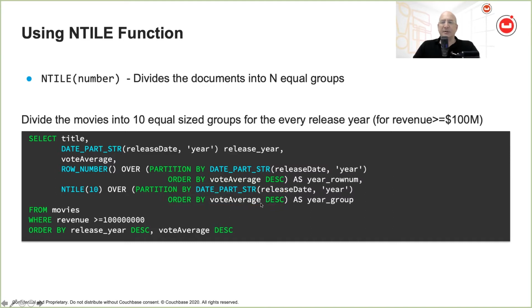In this example, NTILE divides the movie set in each release year into 10 equally sized groups and numbers each and every group by the vote in a descending order, because that's what's specified in the order by clause. So group number 1 contains the movies with the highest scores, and group number 10 will contain the movies with the lowest scores. Let's execute this statement using the analytics workbench.